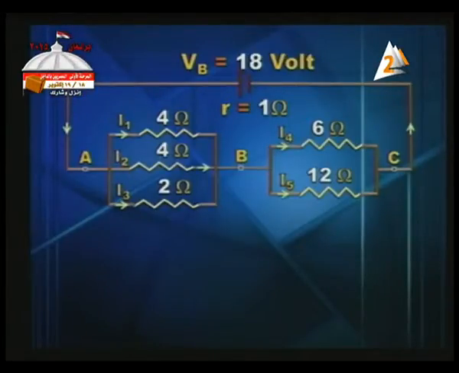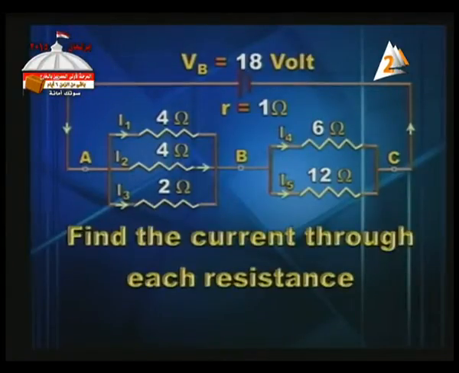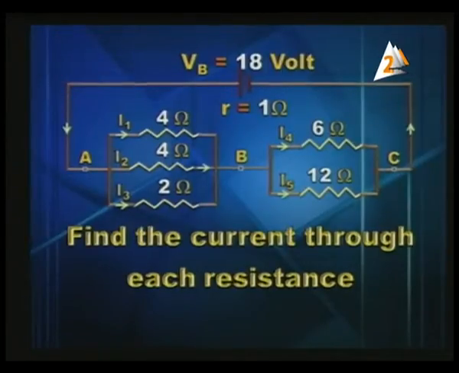The internal resistance of the battery equals 1 ohm. As I said, the problems are of increasing difficulty, we are increasing the difficulty gradually. And now we want you to find the current through each resistor.